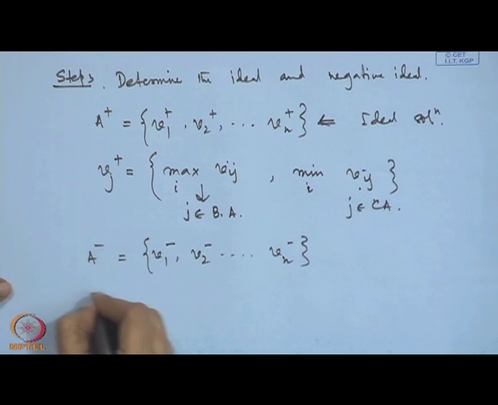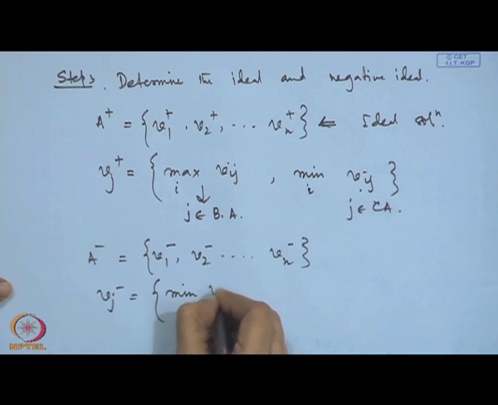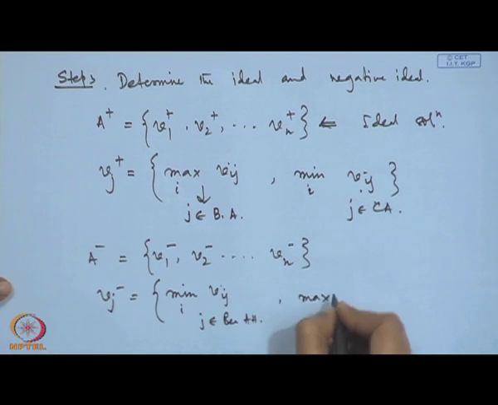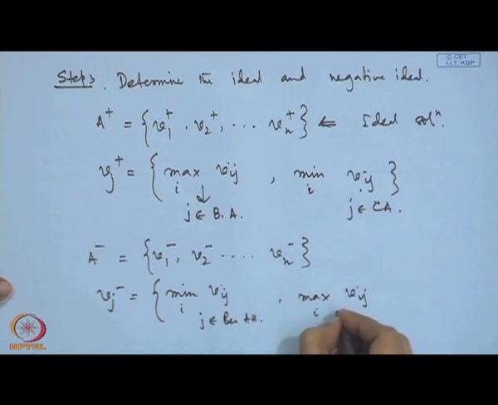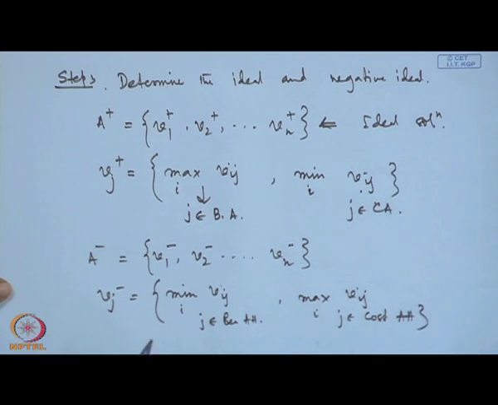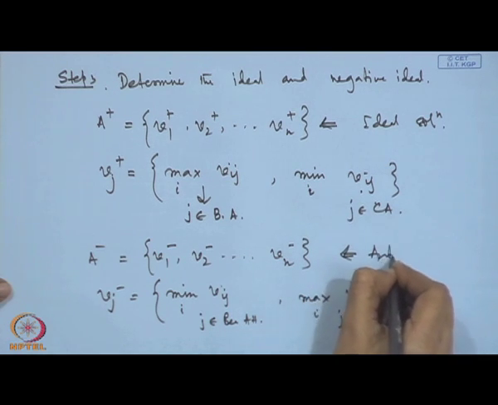This can be considered as Vj minus is equal to the minimization of all Vij over i, where j is the benefit attributes, and maximization where we are not satisfied at all, because we are considering the maximum value of the price. This is the cost attribute. In this way we are considering this is the ideal solution and this is the anti-ideal or the negative ideal solution.